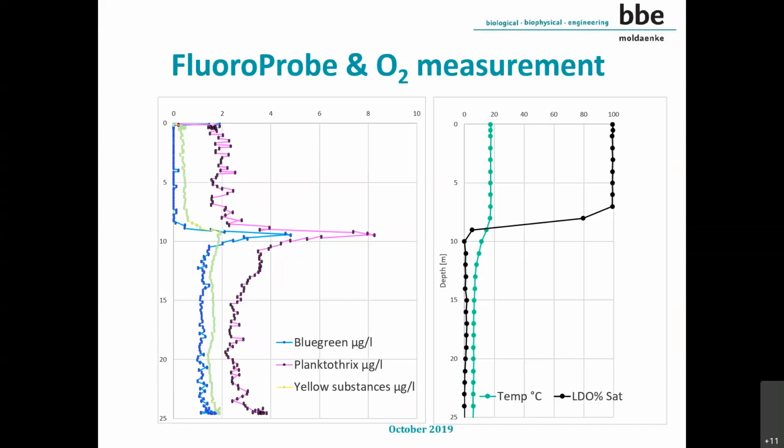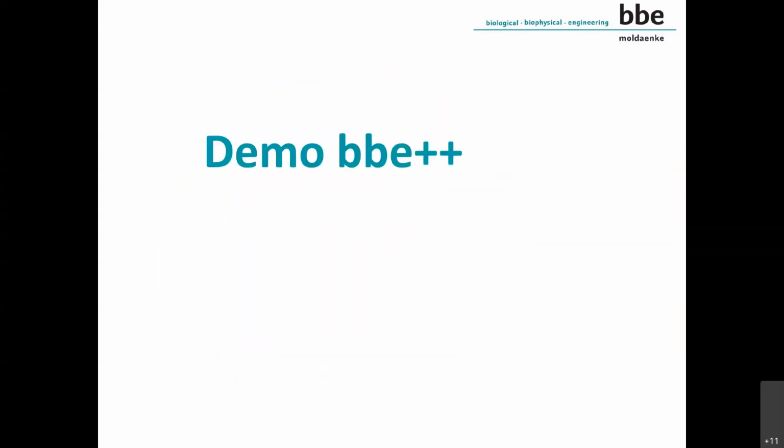We now provide a new combination of fluorometric oxygen measurement together with this FluoroProbe by an extra sensor which can be combined with the FluoroProbe. So this is a new type of application where we can perform algae measurements together with oxygen measurements, and we have temperature and depth.